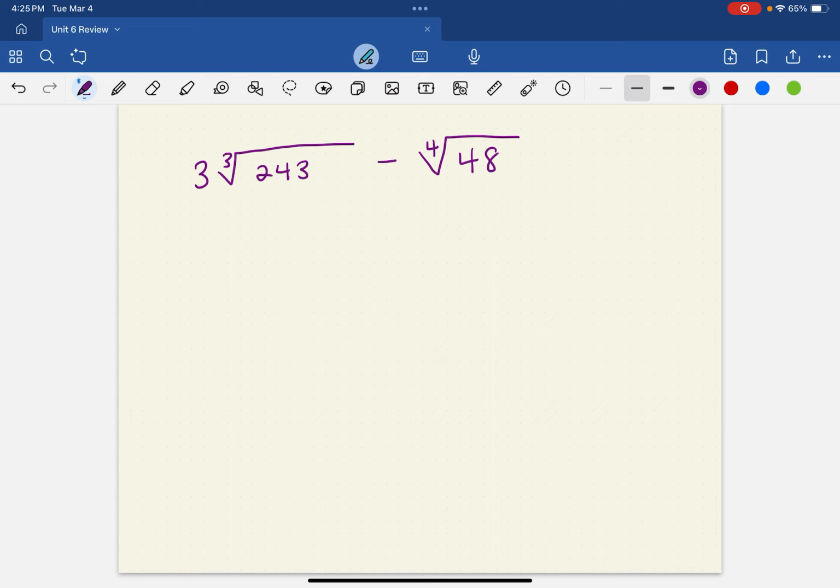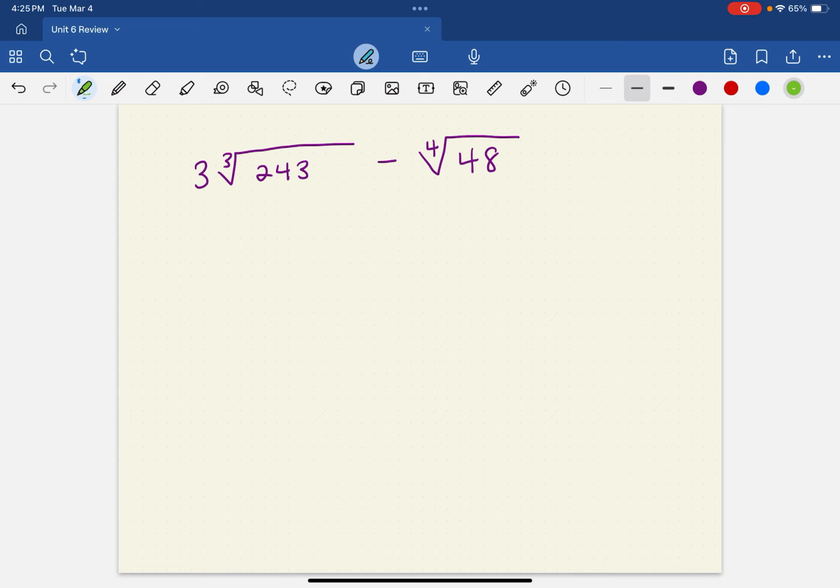Okay, so automatically I can see that I cannot do any addition or subtraction here because I don't have the same index. So right here, this little number is not the same for both. So I can't really do anything past simplifying. So let's go ahead and simplify each set.